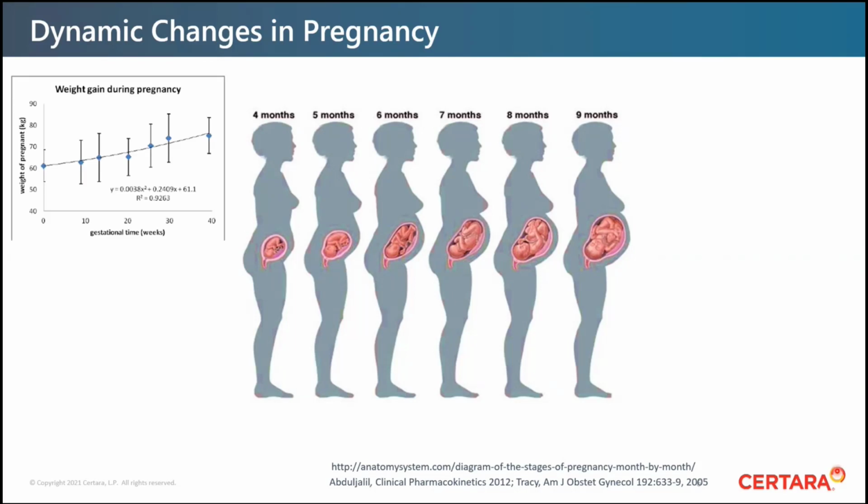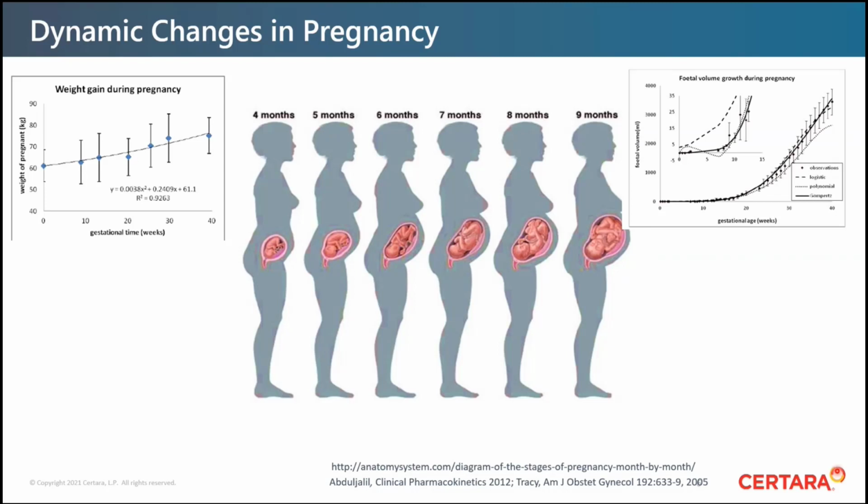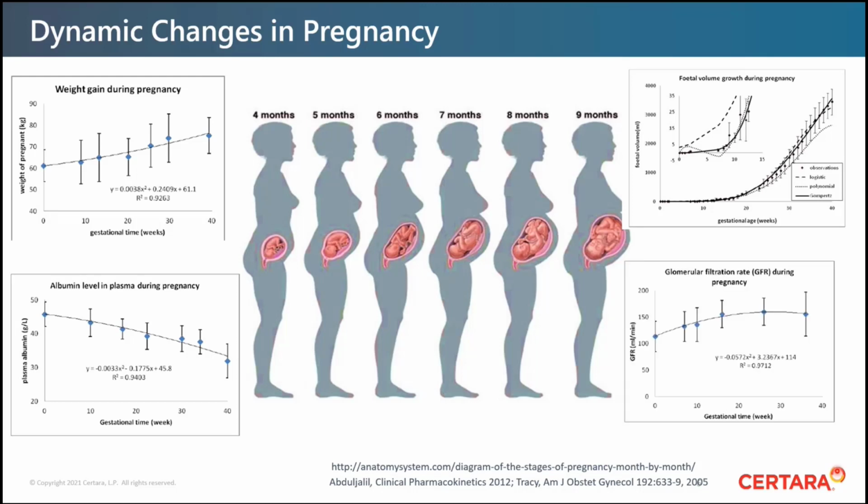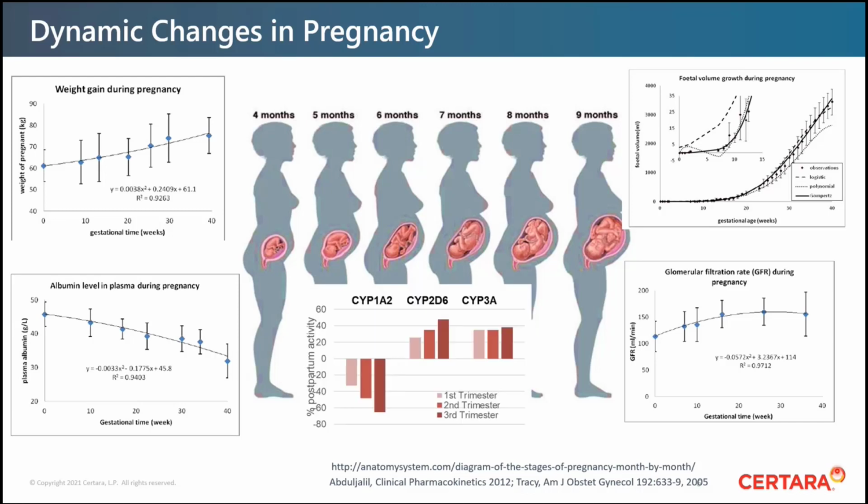For instance, maternal weight will increase. The fetal part of this is due to fetal growth and volume expansion. But we also see a change in plasma volume, and so you see a decrease in albumin concentrations, changes in renal blood flow and glomerular filtration rate, as well as changes in cytochrome P450 activity.